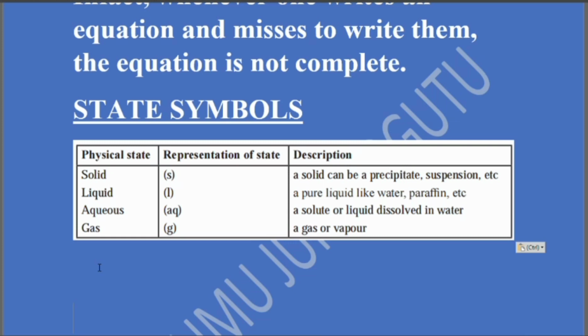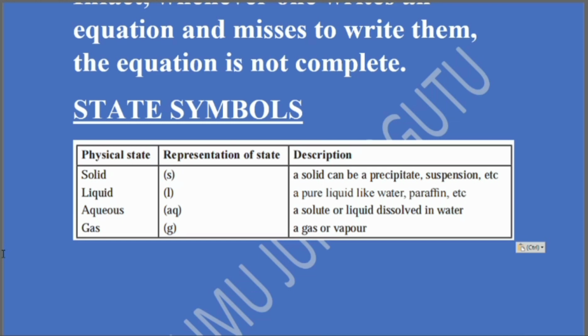It is a solute or a liquid dissolved in water. Gas is represented using g, a gas or a vapor. So those are the physical states that each and every chemical equation will have for it to be complete.